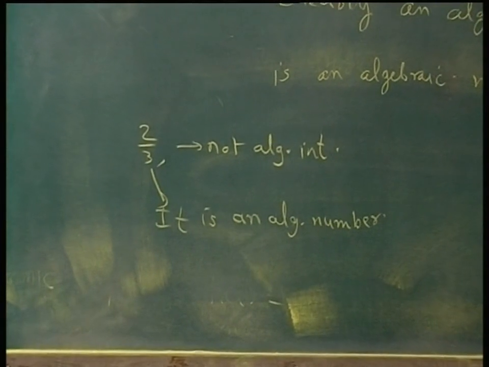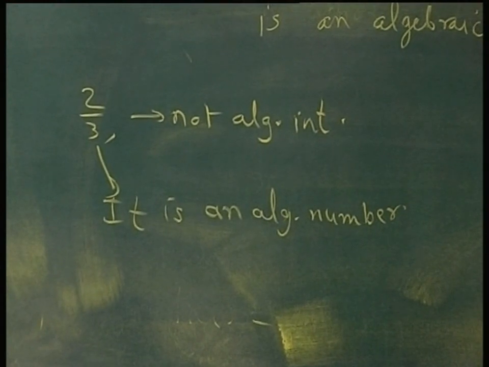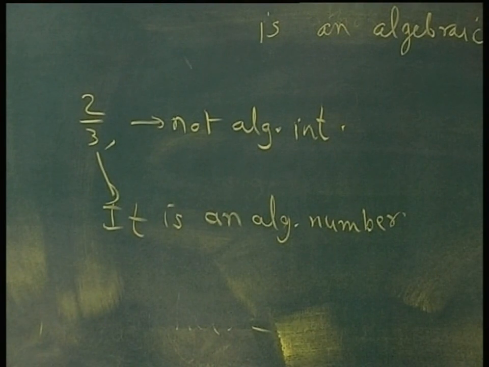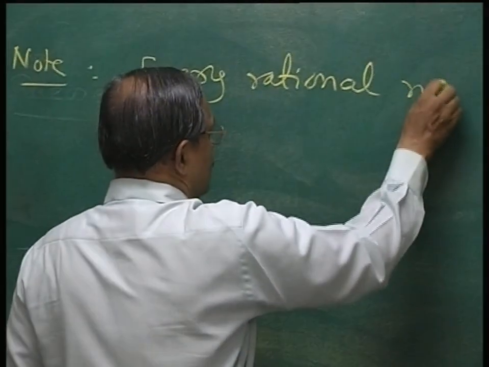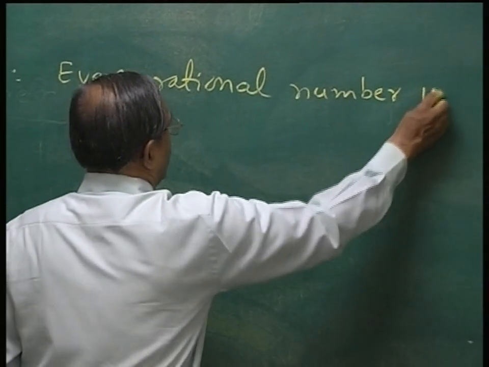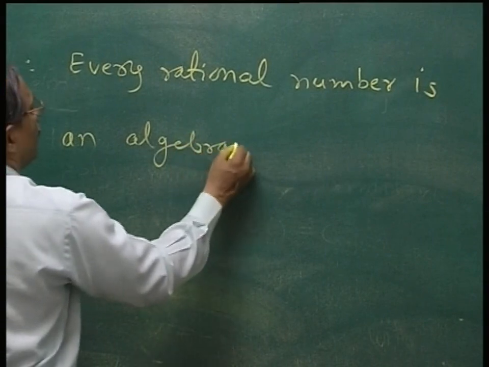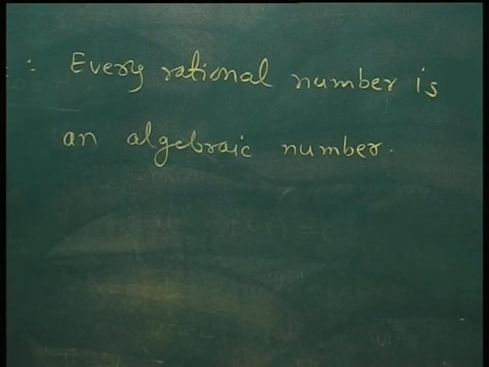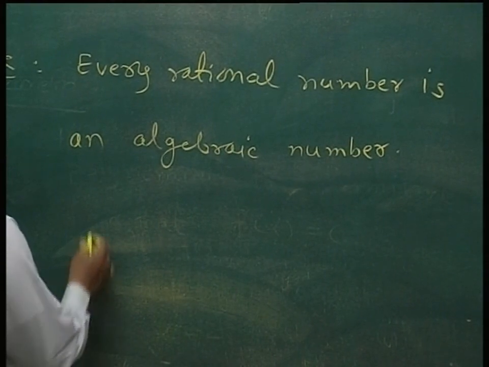So every rational number is an algebraic number. Why?